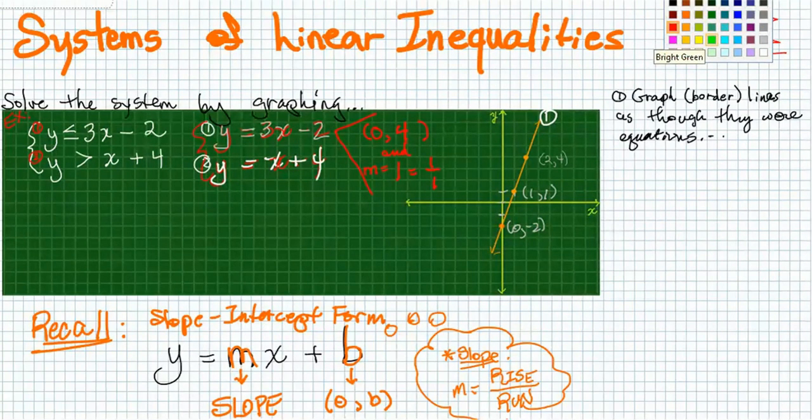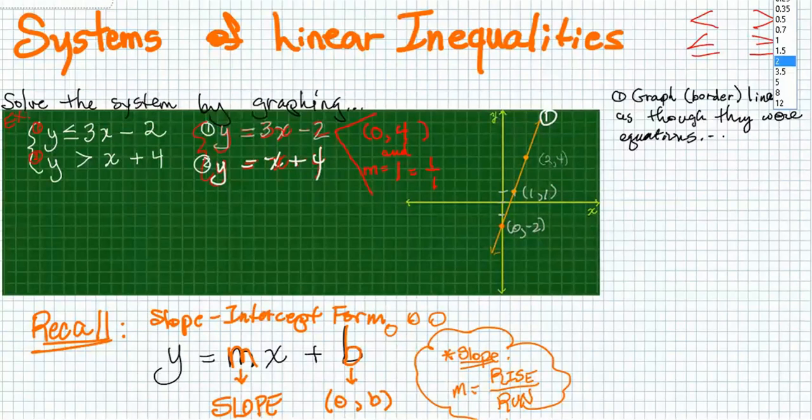I'm going to make this line a bright green. So we will first find our point (0, 4). We go 0 left to right, up 4. 1, 2, 3, 4. And there is our y-intercept.